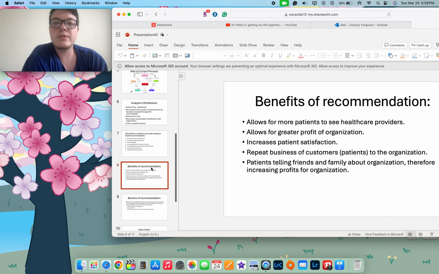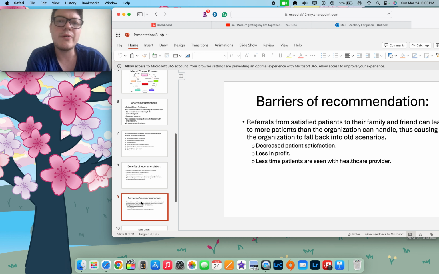So benefits of this recommendation include: allows for more patients to be seen by healthcare providers, allows for greater profit of the organization, increased patient satisfaction, and repeat business of customers, patients in this case, to the organization, and then if they're satisfied, the patients telling their friends and family about the organization, therefore increasing profits of the organization.